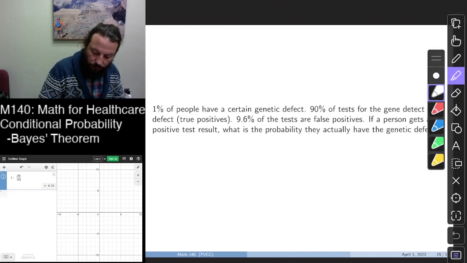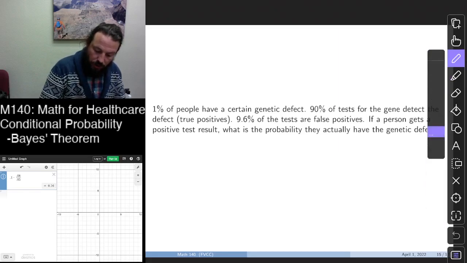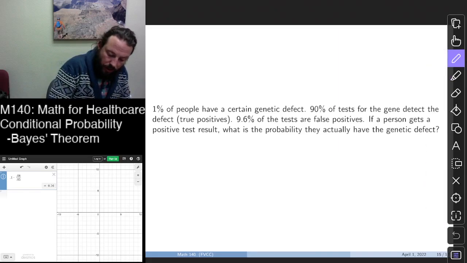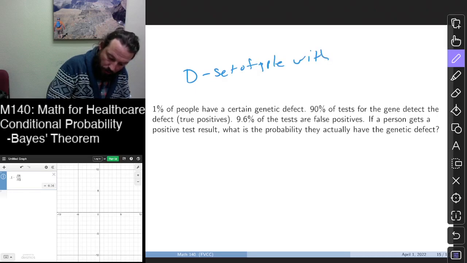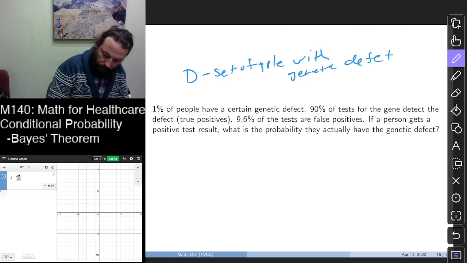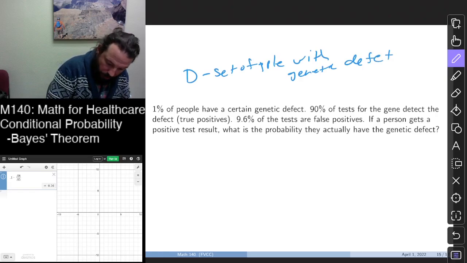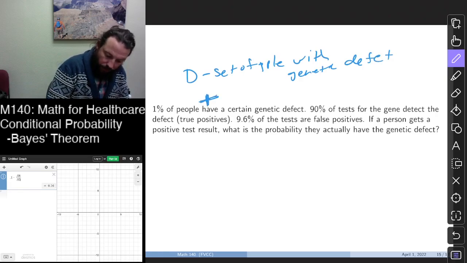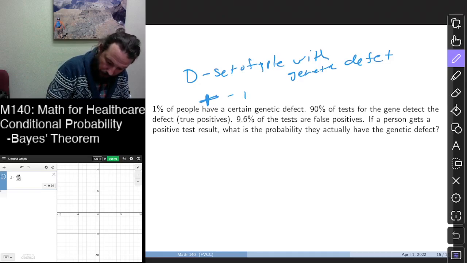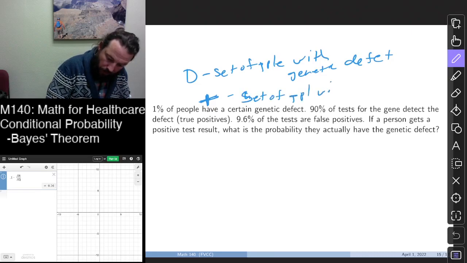So I would start with defining our sets of interest, which here I would probably call D, the set of people with genetic defect, and I'll just use the positive sign for the set of people with a positive test.